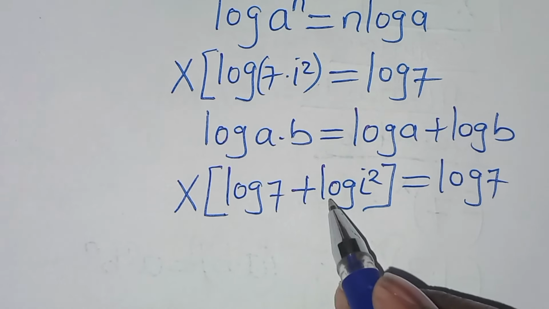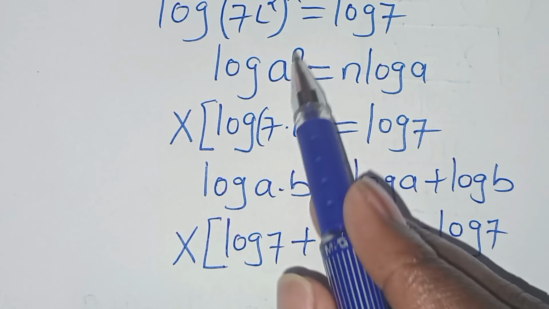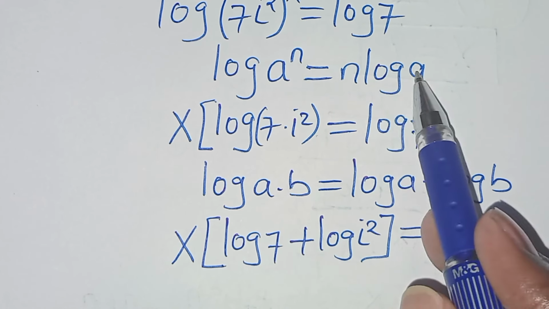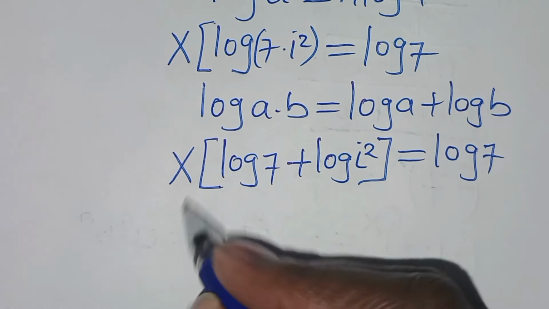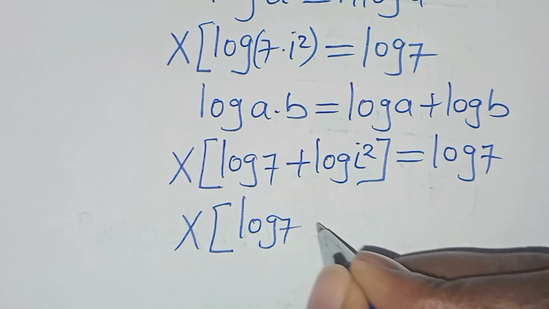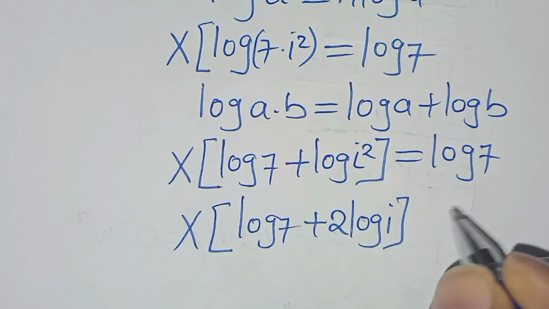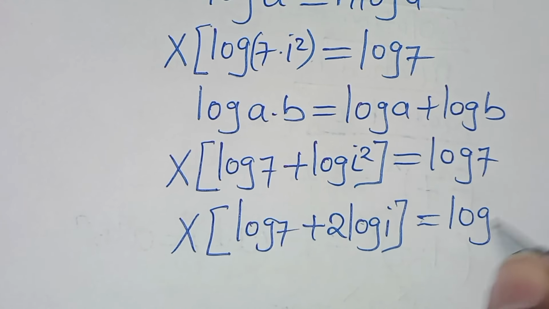Now you find that log i squared, this is in the form of log a to the power of n, which you can express as n log a. So here we have x into the parentheses. This is log 7 plus 2 log i, close the parentheses. This is equal to log 7.